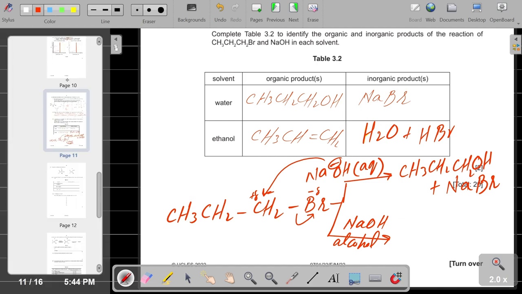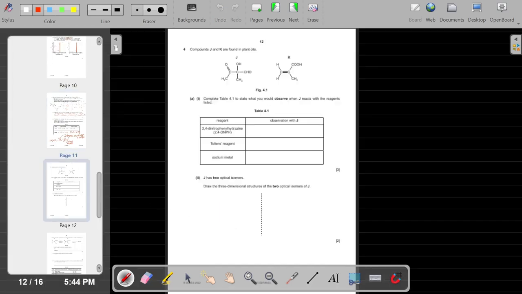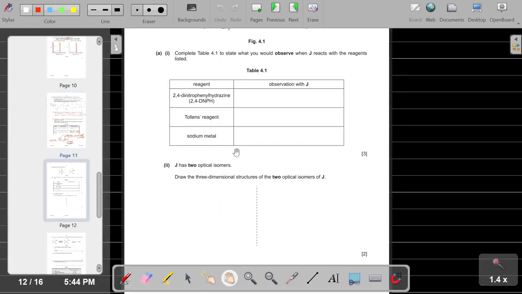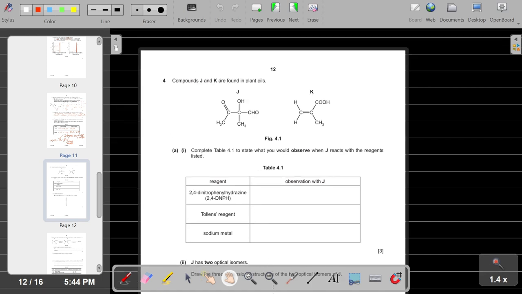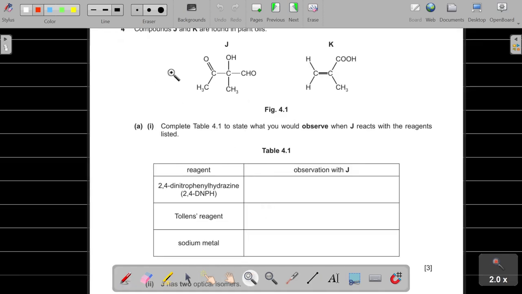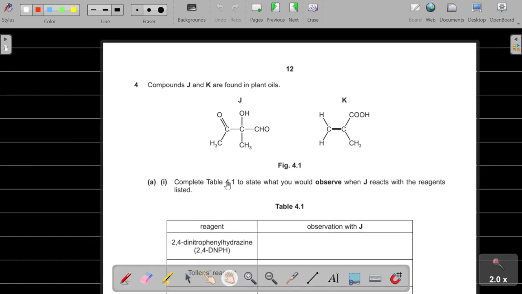So the next question, we have this question. Question number 4. Compounds G and K are found in plant oils. Aldehyde group and it is ketone, carboxylic acid group and carbon to carbon double bond, which means it has some alkene.